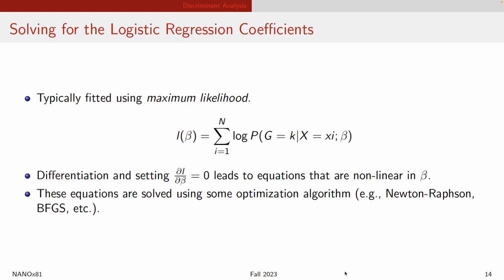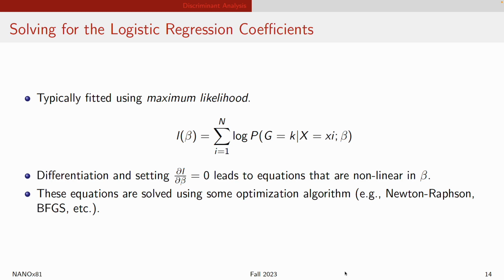To actually find the coefficients beta, you usually solve it using what is called a maximum likelihood approach. In other words, you define the likelihood of beta as the sum of the posterior probabilities given your beta, and you differentiate that loss function with respect to beta and set the derivatives to 0.